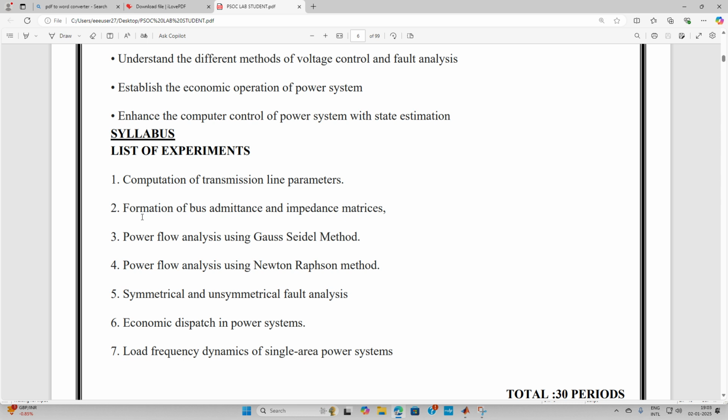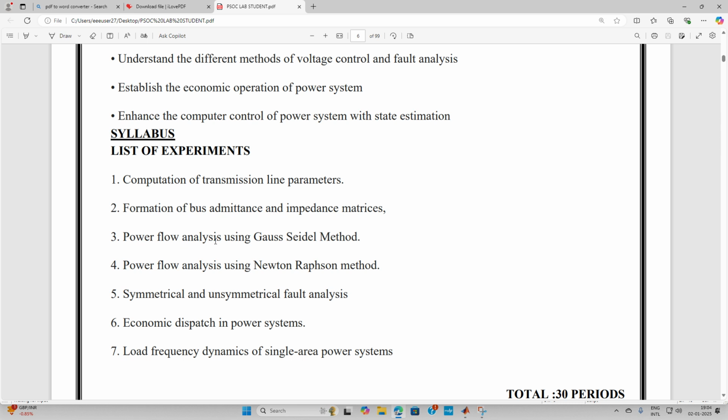Similarly, second one: formation of bus admittance and impedance matrix. For the bus admittance and impedance matrix, we write the program for the given values and then execute it.